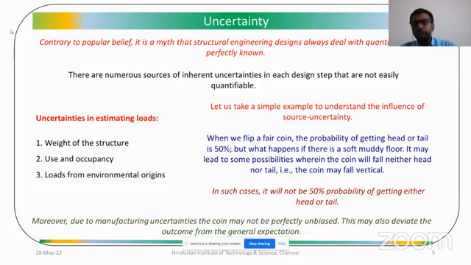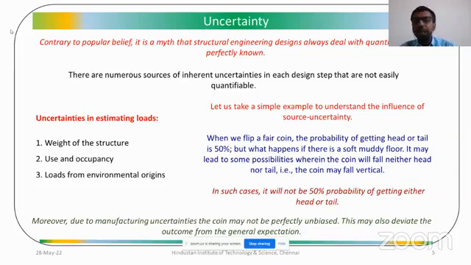For better understanding, we can take a simple example from day-to-day life. When we flip a fair coin, the probability of getting head or tail is 50%. But what happens if there is a soft, muddy floor? It may lead to a possibility wherein the coin will fall neither head nor tail; that is, the coin may land vertical, right?